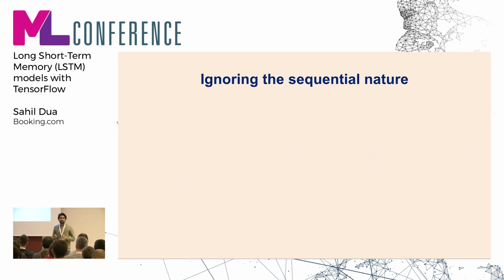So let's see. First of all, let's forget about the sequential nature of the movie, and let's focus on one image at a time. So we build a neural network. We pass one image at a time, and it's going to give us a prediction based on that one image only.